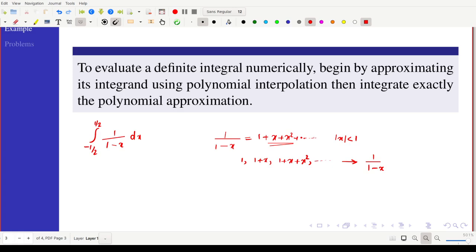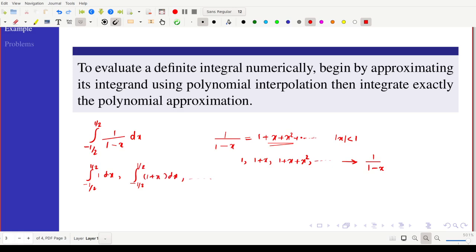If this is not easy to evaluate, you can evaluate the integrals of these polynomials: the integral from -1/2 to 1/2 of 1 dx, or the integral from -1/2 to 1/2 of (1 + x) dx, and so on.